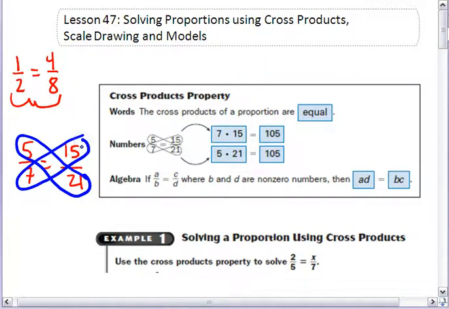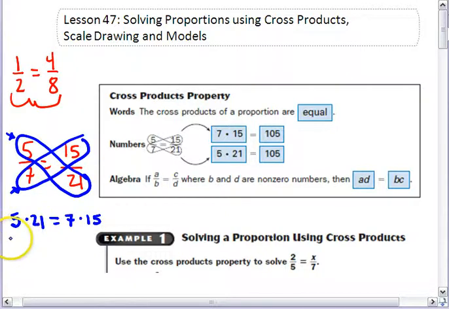It looks kind of like a butterfly. And I can create cross products. So if I take the ones in this wing of the butterfly, 5, and multiply it by 21, that should equal the numbers in this wing of the butterfly, 7 times 15.